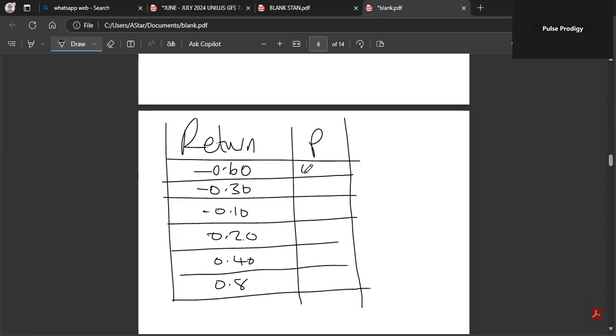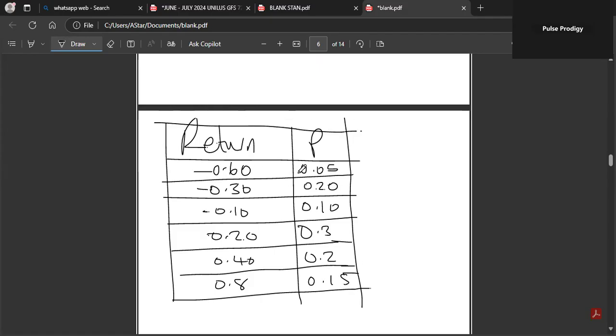The probability 0.05, 0.20, 0.10, 0.30, 0.30, 0.2, 0.15.